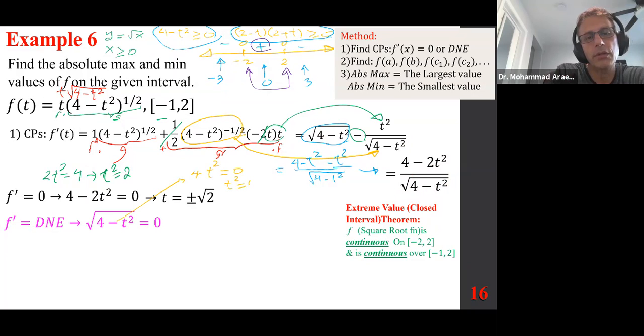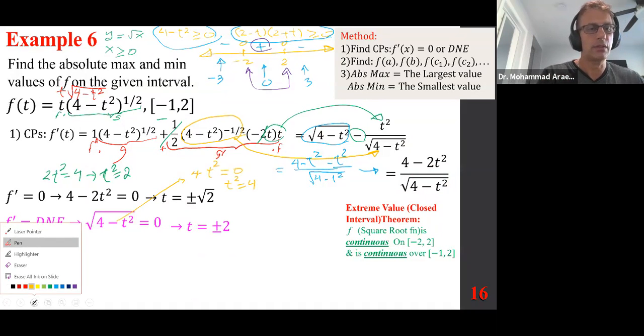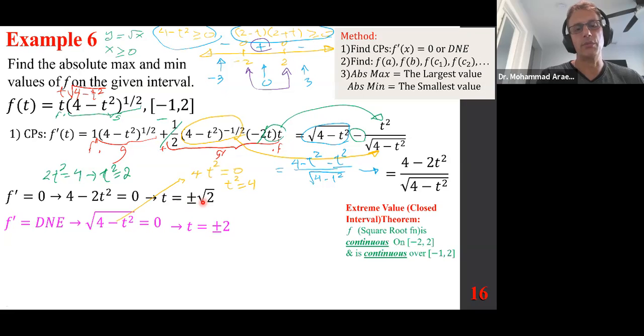That means T squared equals 4. That means T is plus minus 2. And so we have 4 numbers as critical numbers. Positive square root of 2, minus square root of 2, positive 2, minus 2. So we have 4 numbers.